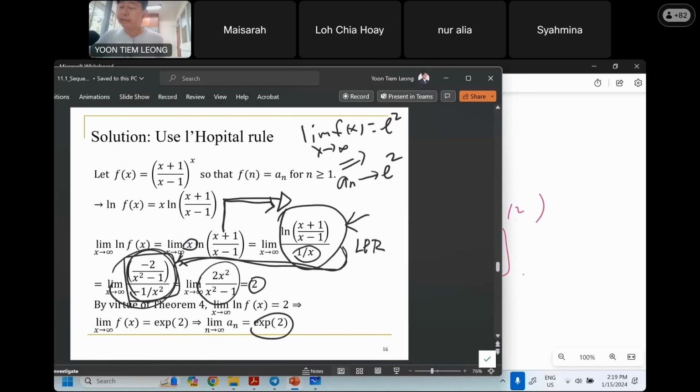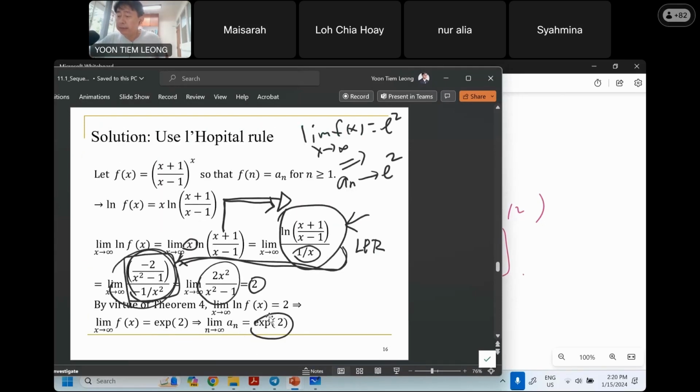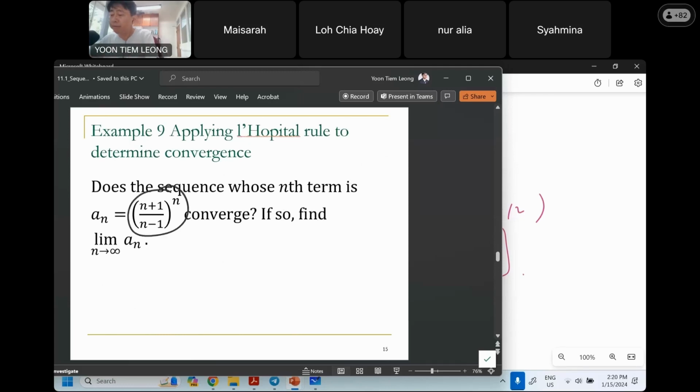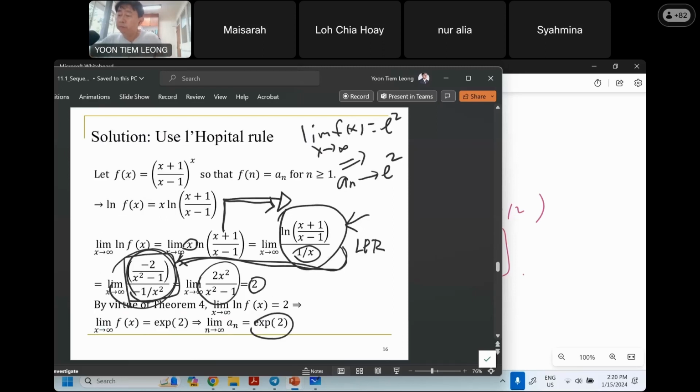So that is an example of the application of theorem number 4 when it's applied to calculate the limit of this sequence. Okay, so it's not so trivial, but the idea is quite simple. That is, you have to first take the log of the function f(x), then take the limit as x goes to infinity, calculating the limit of this function of f(x) using the L'Hopital rule.